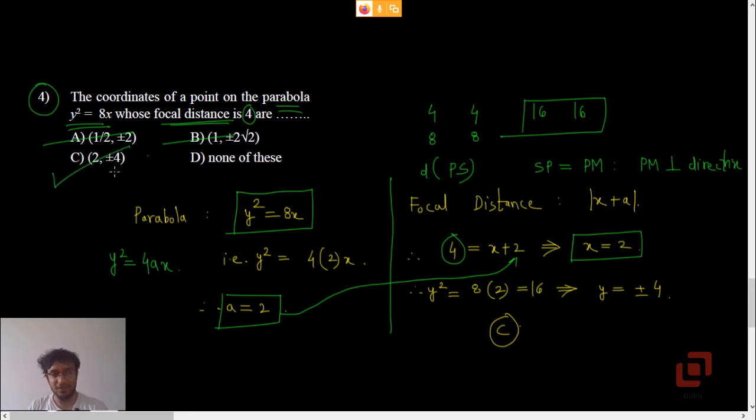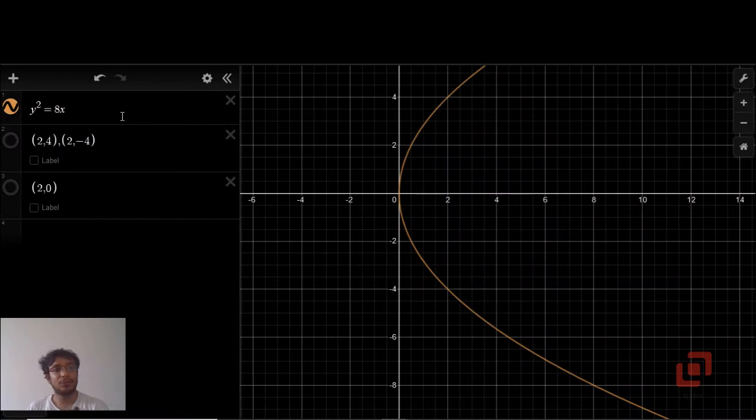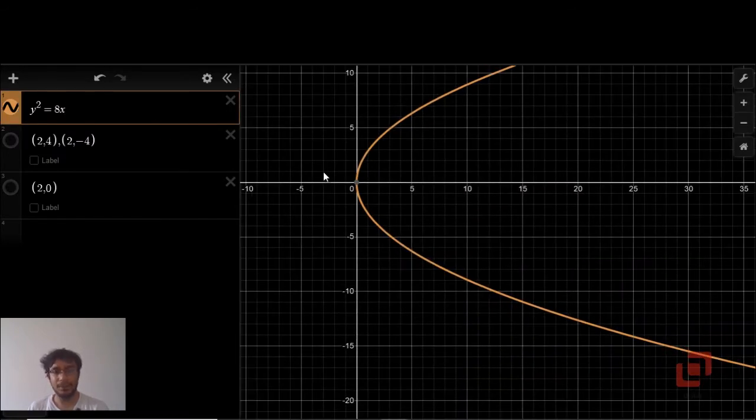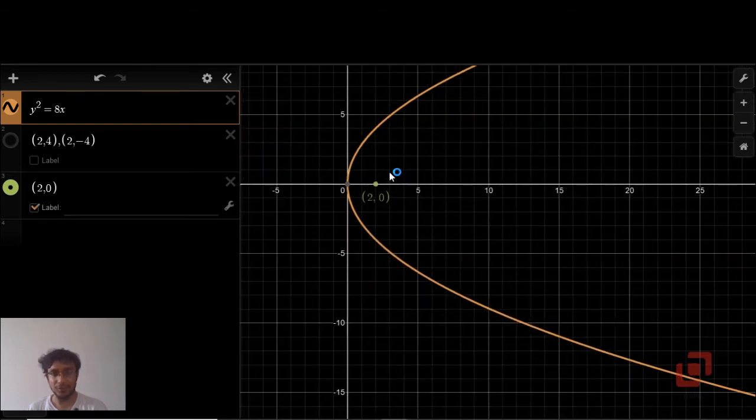Okay, let us check this graphically. The pink curve that you see currently on the screen is our parabola y squared equal to 8x. As expected, it passes through the point 0, 0. The focus of this parabola is 2, 0 or a, 0. So this is the focus.